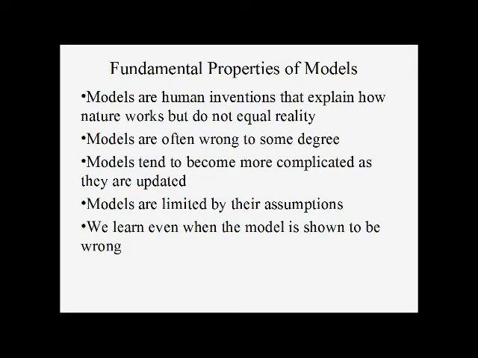Because of this, there will be some limitations to the models. Models describe some aspects of what we find in nature, but they don't necessarily describe all aspects. So we have multiple models to address the different aspects that we find in nature.